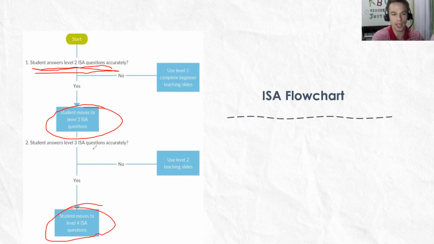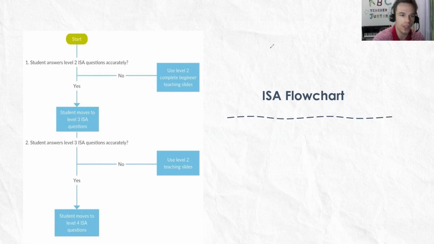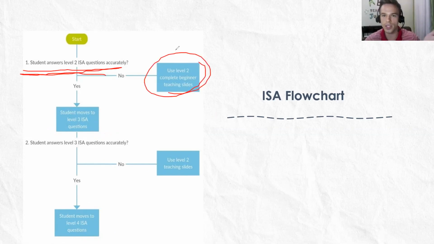If she's not able to answer the level 3 questions accurately, then we don't go to level 3. We go back to the previous level 2. If they don't answer the level 2 questions accurately, then there's a complete beginner slide. In this way, you don't put them into a level that they can't answer questions for. It makes sense, right? Well, it will momentarily.